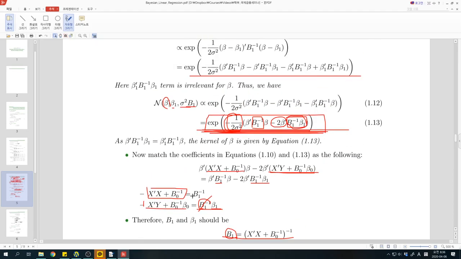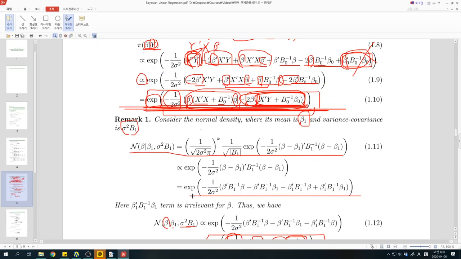Again, let me go back to here. We just derived the conditional density of beta given y using the Bayesian approach, and we found that this is a kernel of a normal density. The question is what its mean and variance covariance matrix are. Suppose its mean and variance are beta 1 and sigma squared times b1; according to the definition of the normal density, it must have this form, right?